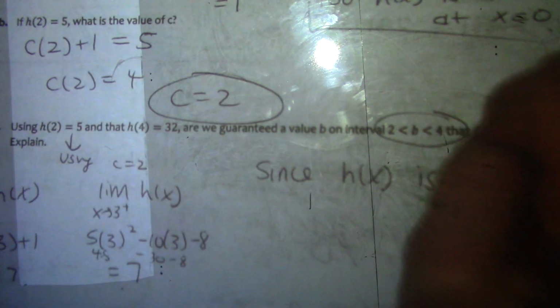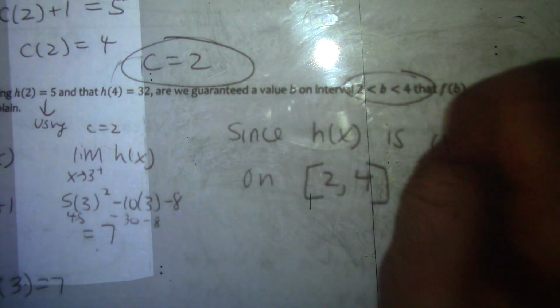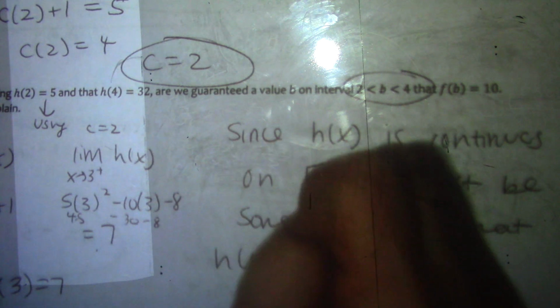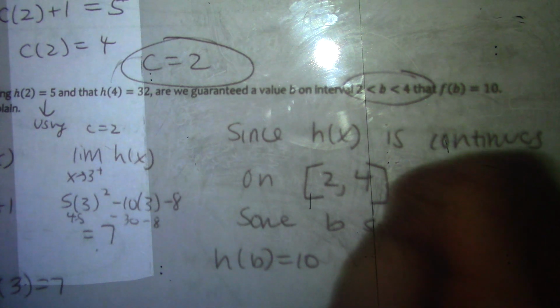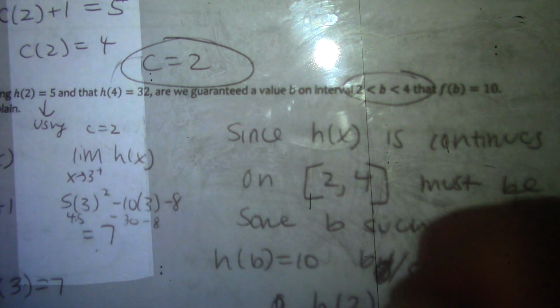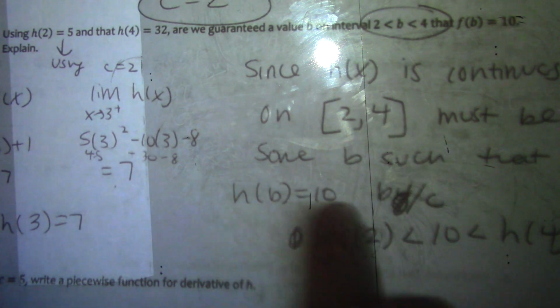So since h of x is continuous on the interval 2 to 4, there must be some b such that h of b equals 10 because, I almost put f, h of 2, because 10 is between these two y values and it's continuous, that between these x values you must have a y value that equals 10.